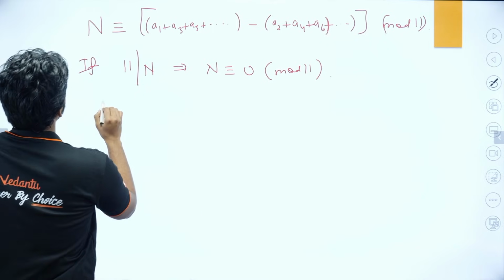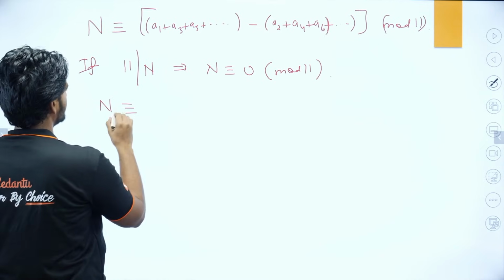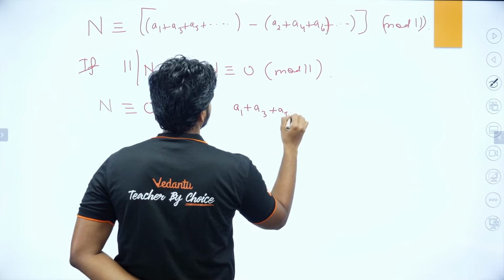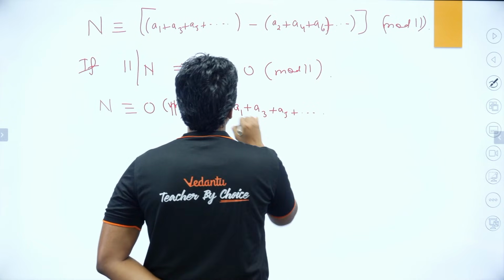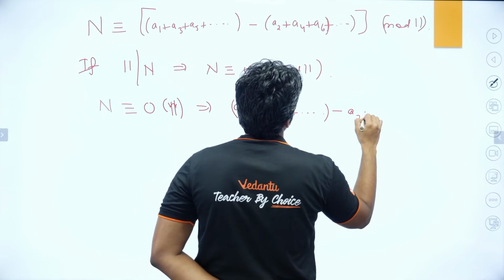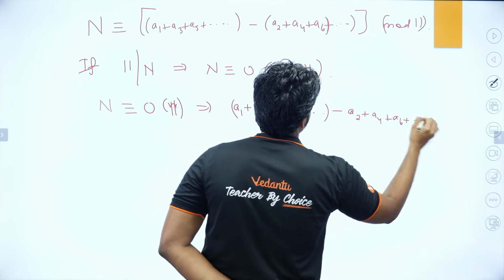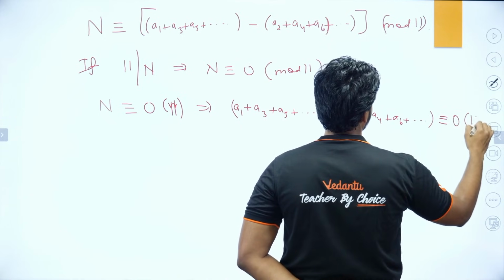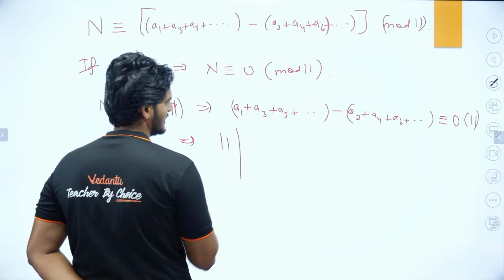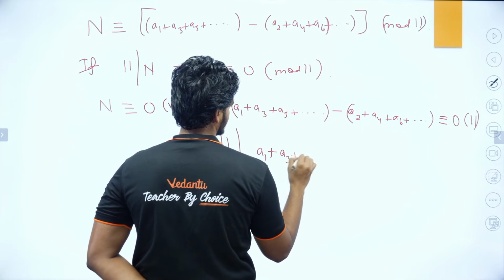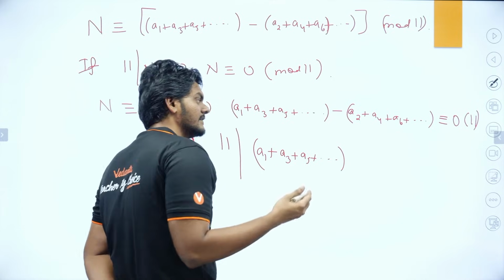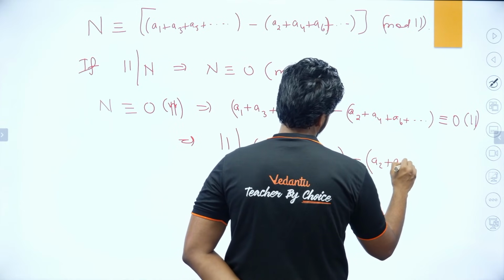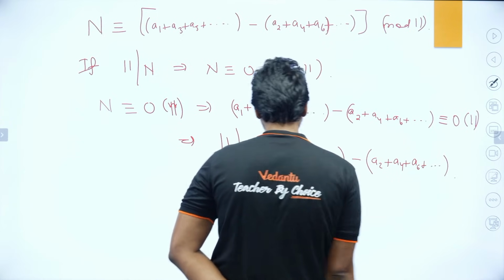So we need to have a1 plus a3 plus a5 plus dot dot dot minus a2 plus a4 plus a6 plus dot dot dot needs to be, it need not be 0, it needs to be 0 mod 11, which implies 11 must divide a1 plus a3 plus a5, the sum of the digits at the odd places, minus the sum of the digits at the even places. Okay, I hope this is clear.